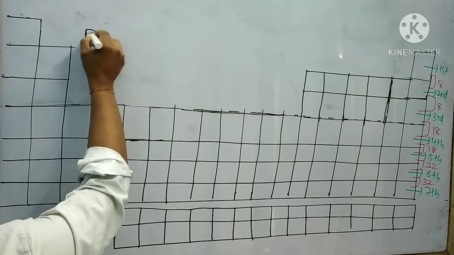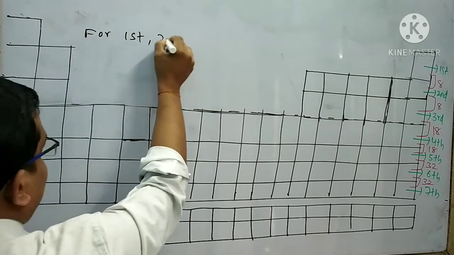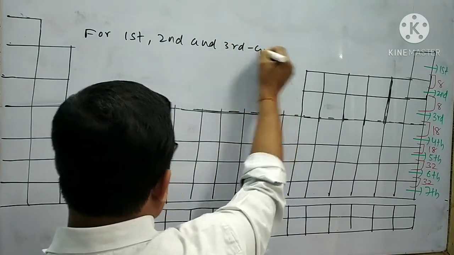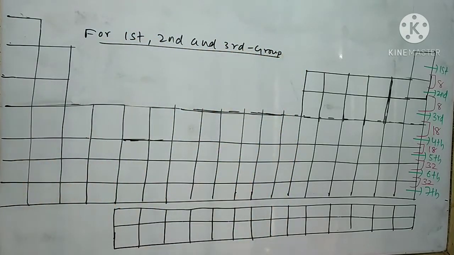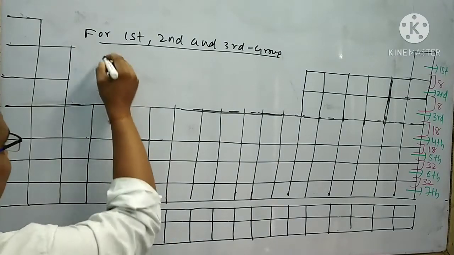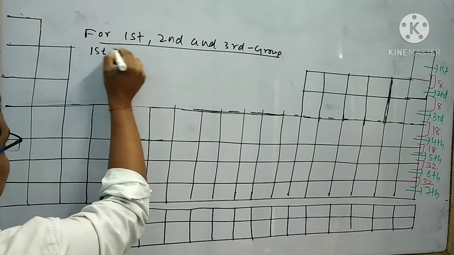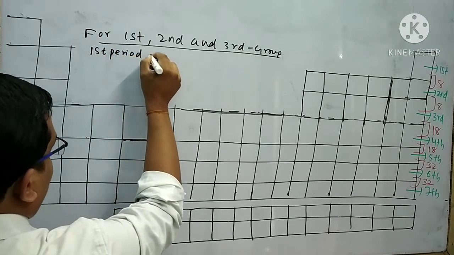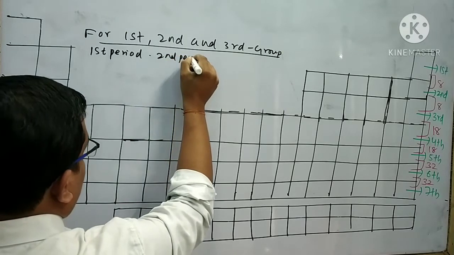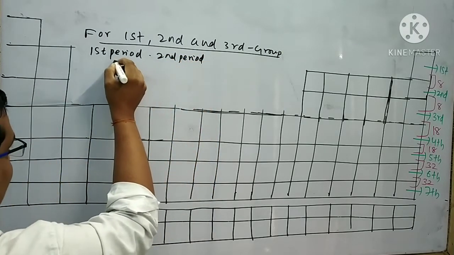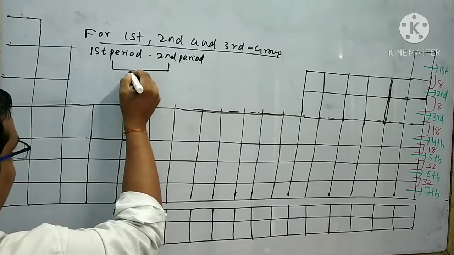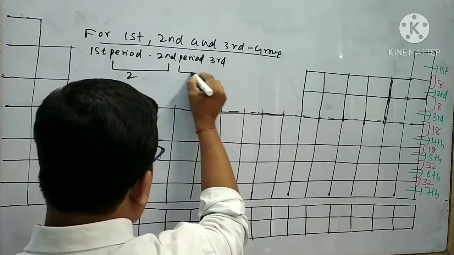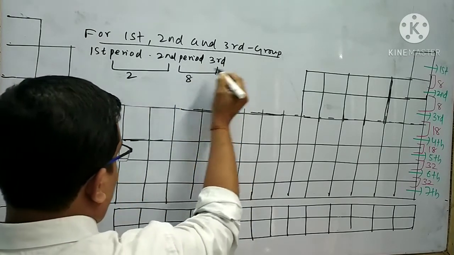Remember an important point for the first, second and third group. We generally use an extra trick. For the first period to the second period, we generally add 2. From the second to the third period, we generally use 8.